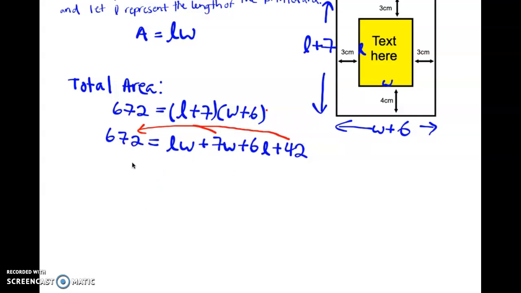So 672 minus 42 would be 630. We move the 7W over, so we get minus 7W, and that would equal LW plus 6L. To get the L alone, we're going to actually common factor it out.